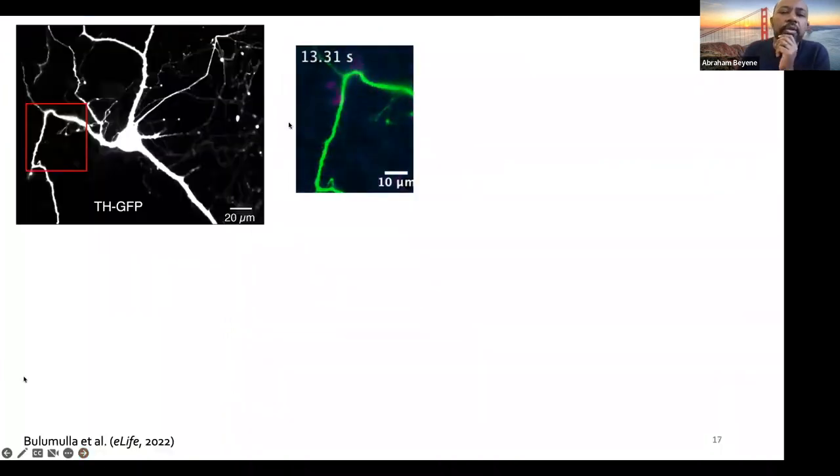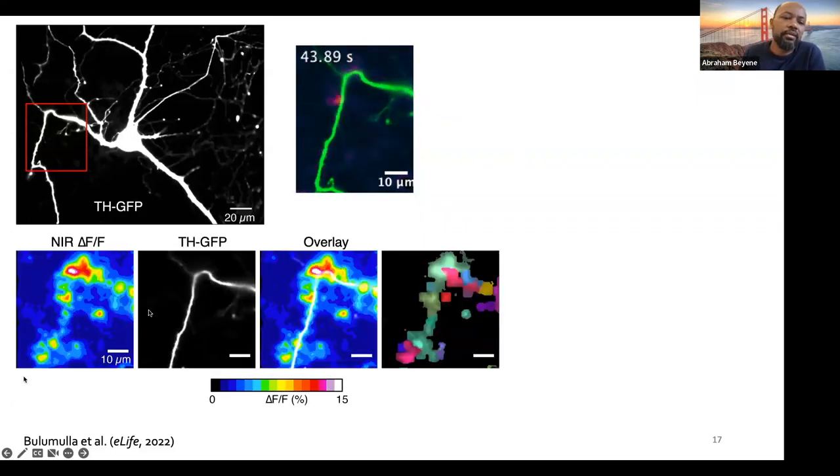There are times when we also see spontaneous activity without actually having to stimulate the neuron. Here is a dopamine neuron, and I'm showing you a smaller window of this putative dendrite. You can see these stochastic release events that are totally independent of action potential firing. We're not stimulating this neuron. And you see these temporally uncorrelated but spatially specific release events that we can detect from this process.